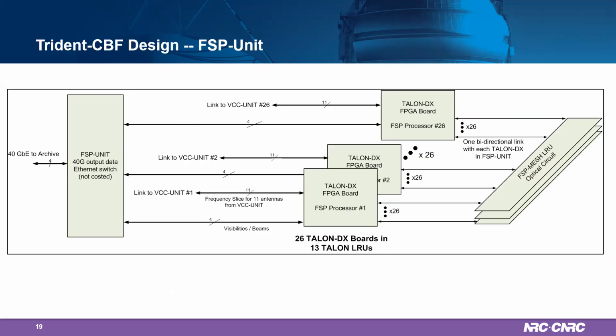In the FSP unit, similarly, we have 26 Talon DX boards with connections back to each VCC unit to receive frequency slices, and then a mesh optical circuit that provides one bidirectional link between each pair of Talon DX boards so that data products can be distributed between the boards for doing correlation and beamforming.